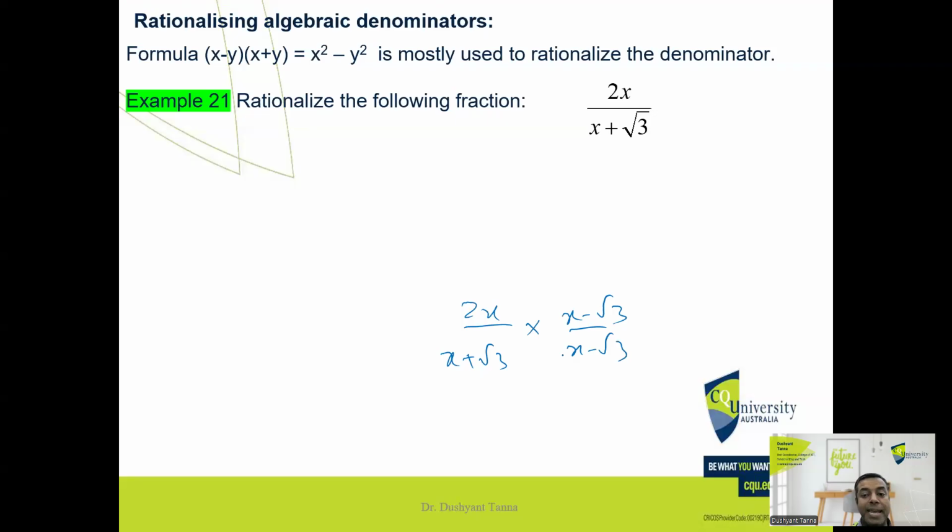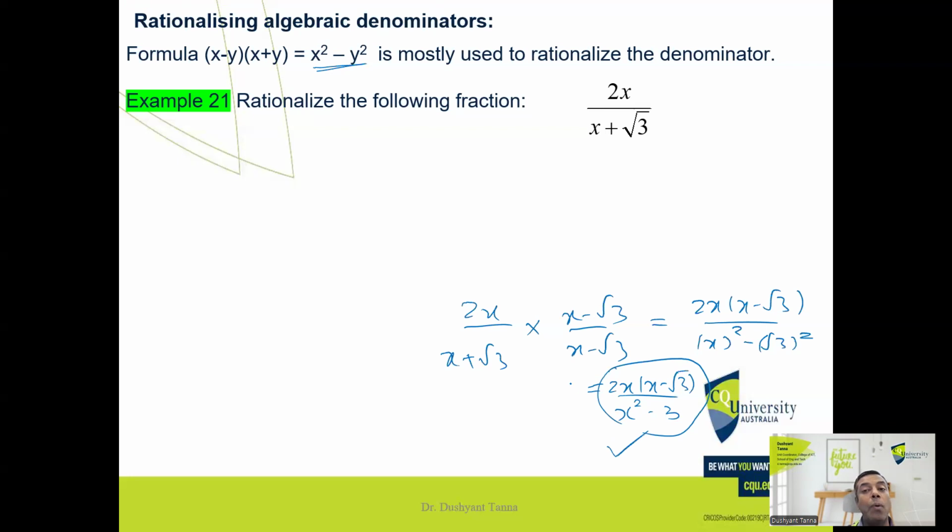This is like a plus b, a minus b. Don't worry about the numerator, but the denominator becomes x squared minus root 3 squared. Finally, it becomes 2x times x minus root 3 divided by x squared minus 3, which is a better form than what was given. We don't like a root in the denominator. That's what we mean by rationalizing.